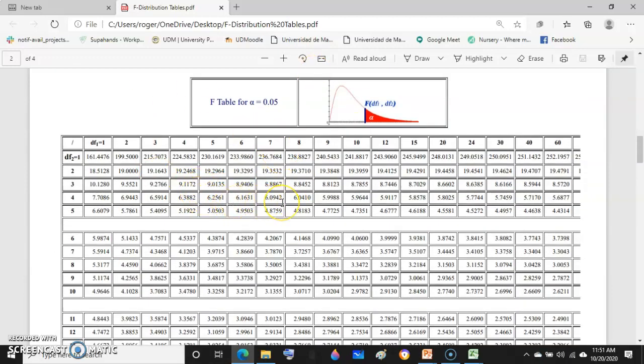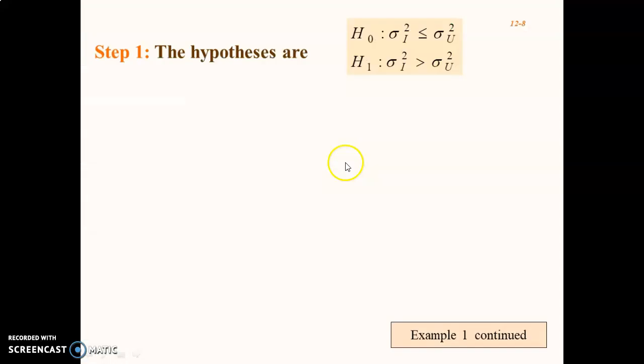Again, our degrees of freedom is 10 minus 1, which is 9 for the numerator, degrees of freedom 1 here, and then degrees of freedom 2 is here. So we have 9 and 7. We have 3.67, or that is 3.68. So that is how we use a distribution table in finding the critical value for F.